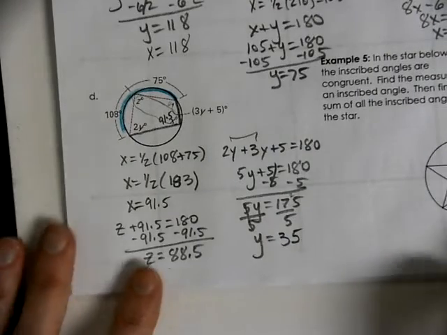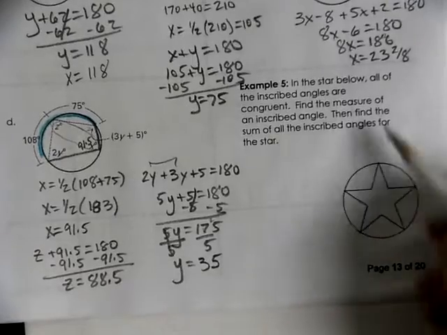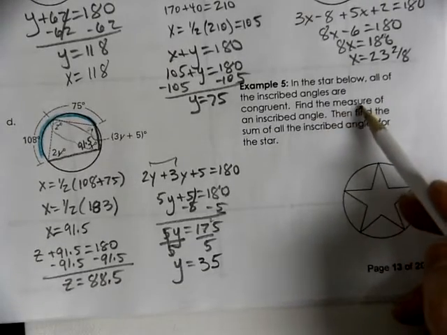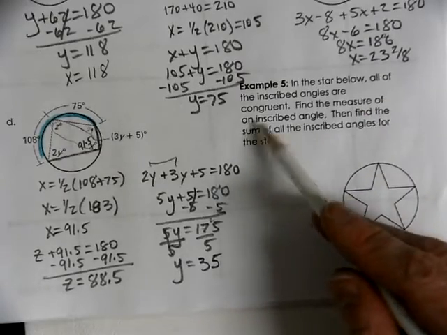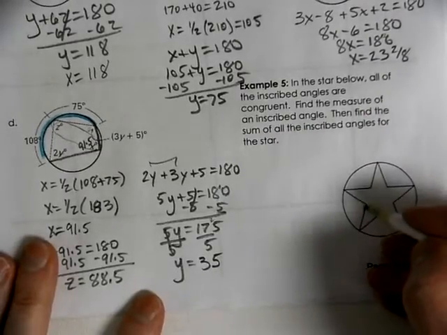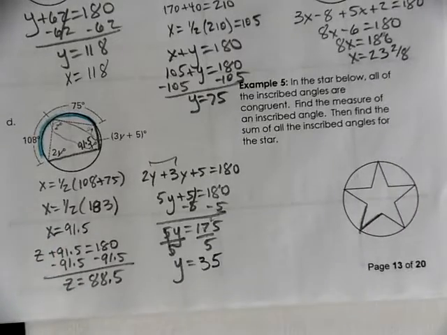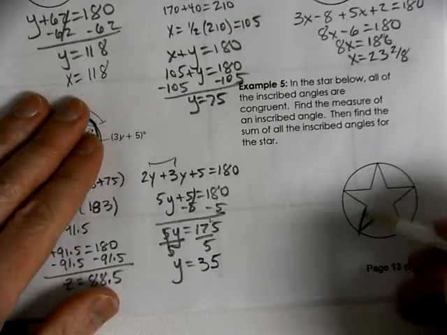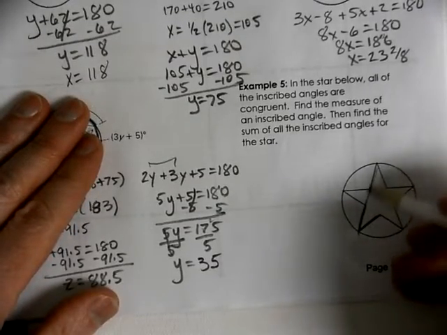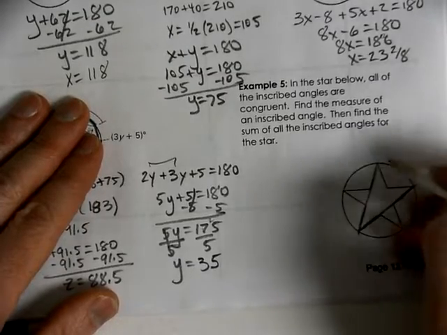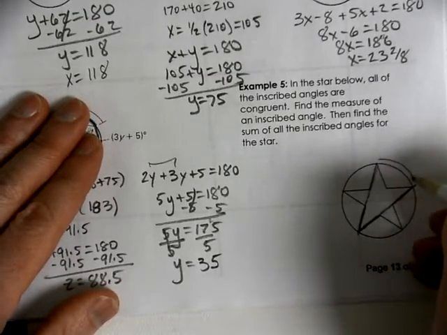All right, last one. We have a star. All the inscribed angles are congruent. Find the measure of an inscribed angle. So we're trying to figure out this inscribed angle. Well, I think if we open this up, we're going to be talking about this arc.